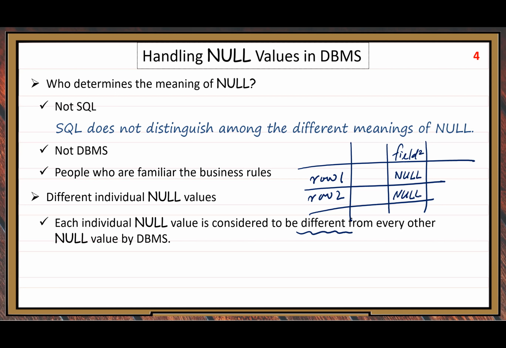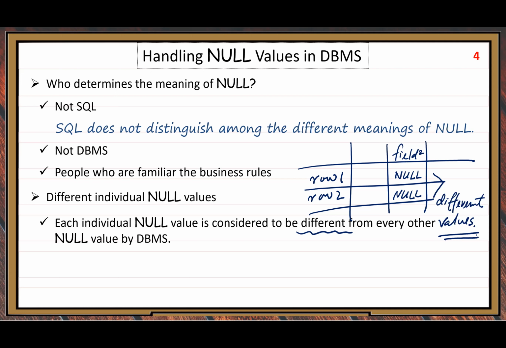But these two are treated as different values. So that's why it is special, and why when you run the query, you should be very careful.